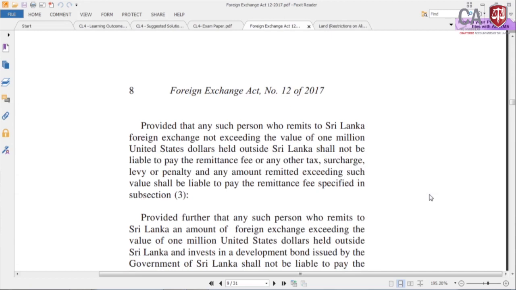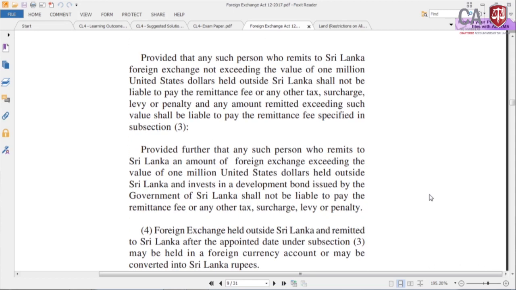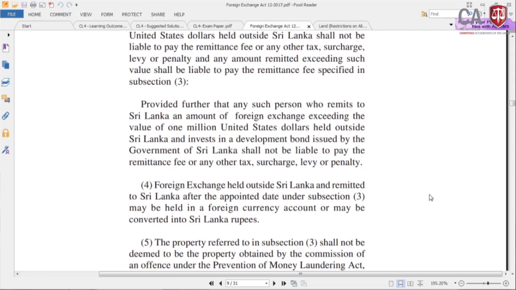And provided that any such person who remits to Sri Lanka foreign exchange not exceeding the value of 1 million United States dollars held outside Sri Lanka shall not be liable to pay remittance fee or any other tax, surcharge, levy or penalty. Any amount remitted exceeding such value shall be liable to pay the remittance fee specified in subsection 3.